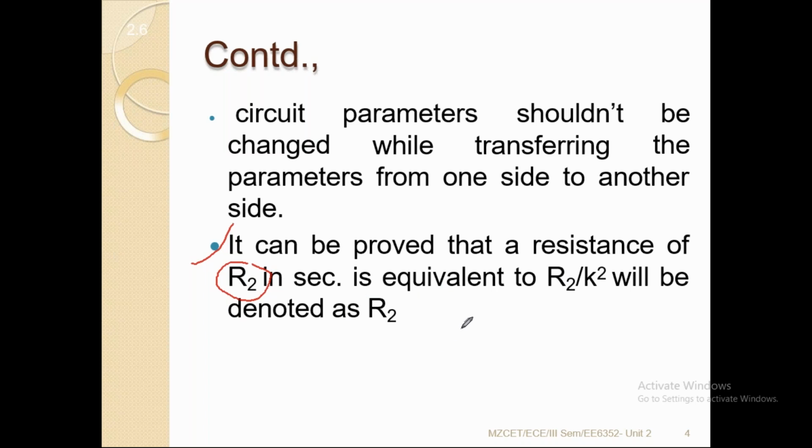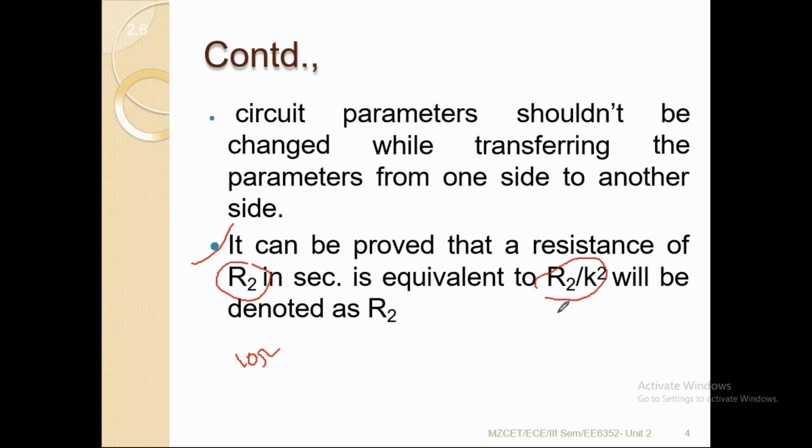Secondary, right? Now when I want to shift this secondary resistance to the primary, suppose it has 10 ohms, this 10 ohms with the transformation ratio becomes R2 divided by K square.